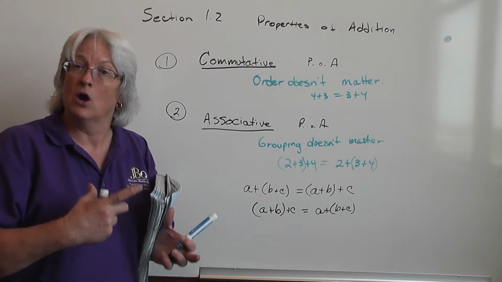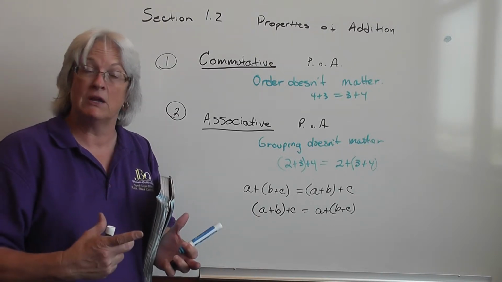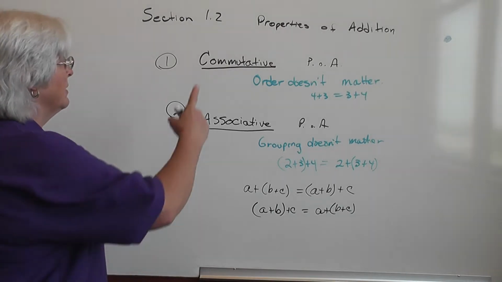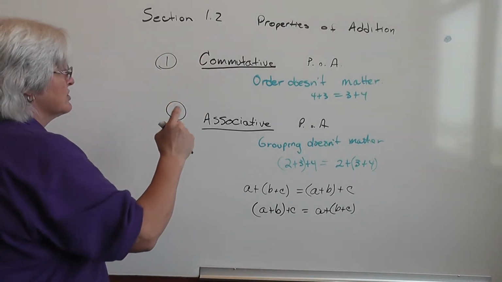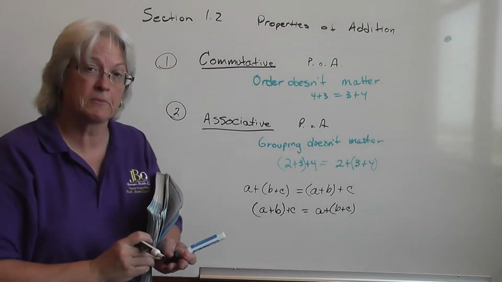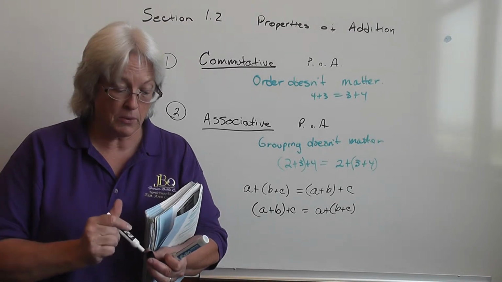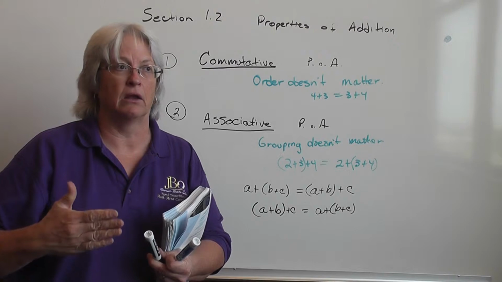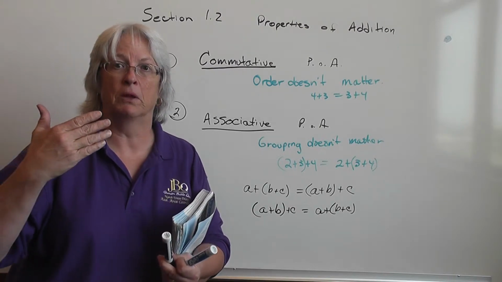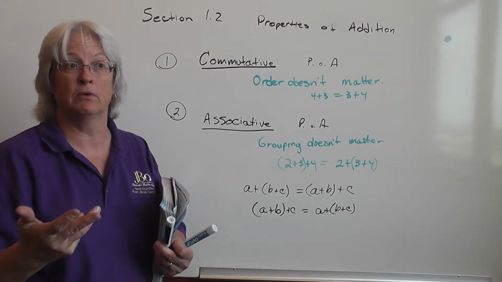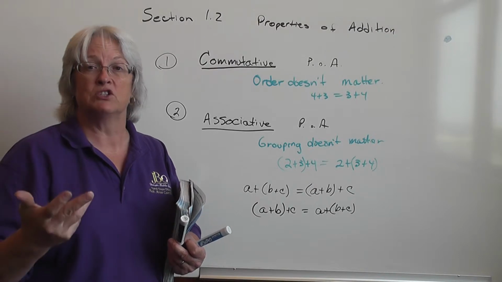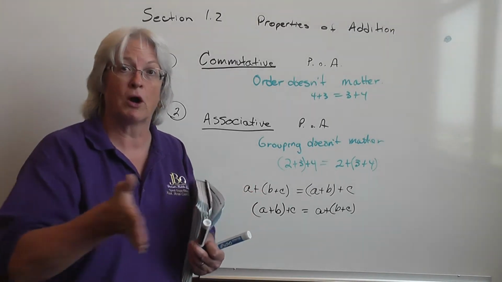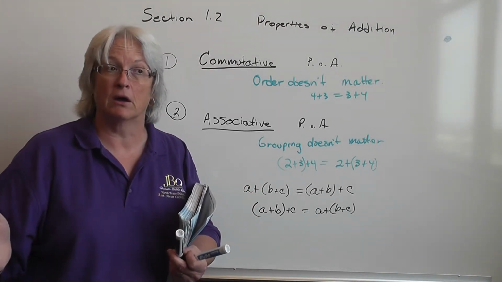Okay, but still, all we have that we're doing today so far is just vocabulary. Commutative property of addition, associative property of addition. What are properties? Properties are things that are always true. And as believers in God, as people who follow Jesus Christ, we see properties all through God's Word.